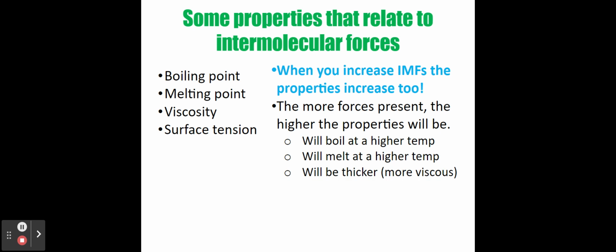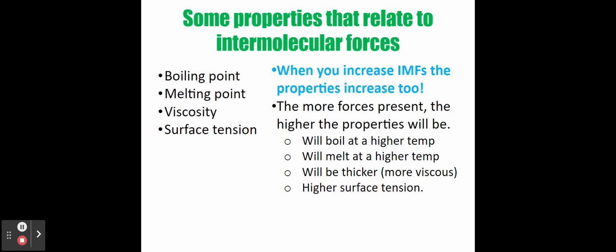The same for viscosity, right? The stronger the intermolecular forces, the stronger they're held together, the less likely they're going to move and flow. So stronger intermolecular forces means less likely to flow. It's more viscous, thicker. And finally, surface tension is going to be higher. Stronger intermolecular forces means higher surface tension.